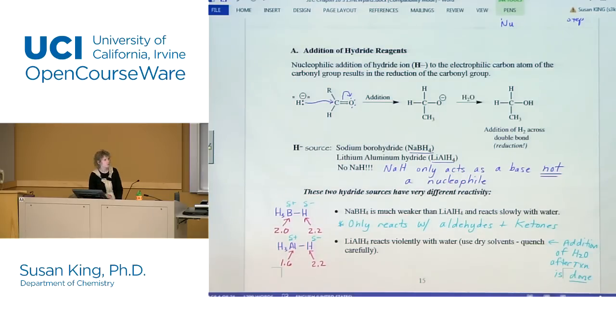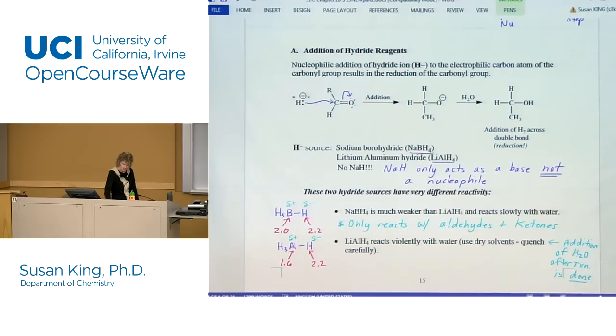I had an explosion with lithium aluminum hydride when I was in grad school. One of the things that lithium aluminum hydride is used for is drying solvents. If you add a solvent to lithium aluminum hydride, it will suck up all the water, and then you distill your solvent over. I was distilling a solvent in grad school over lithium aluminum hydride.